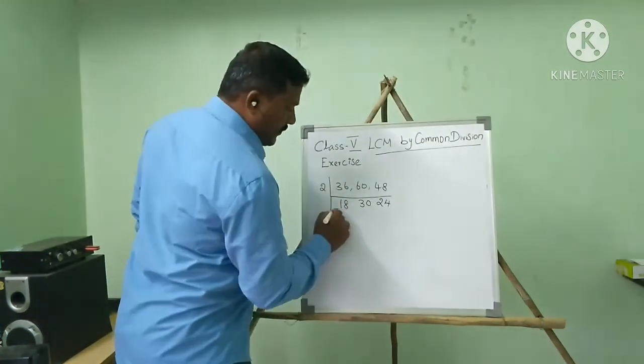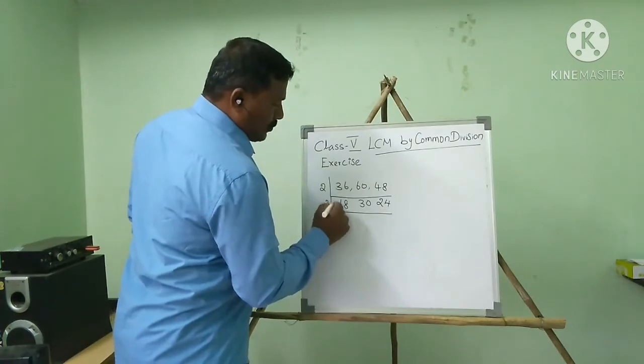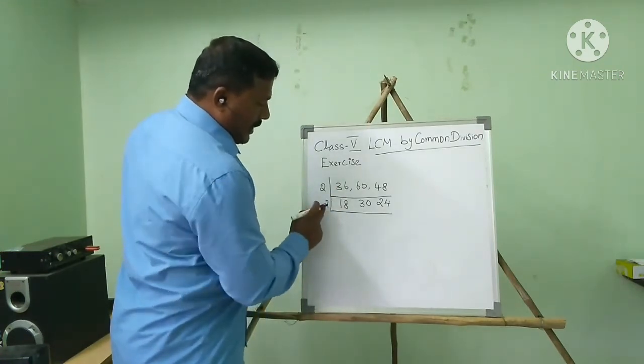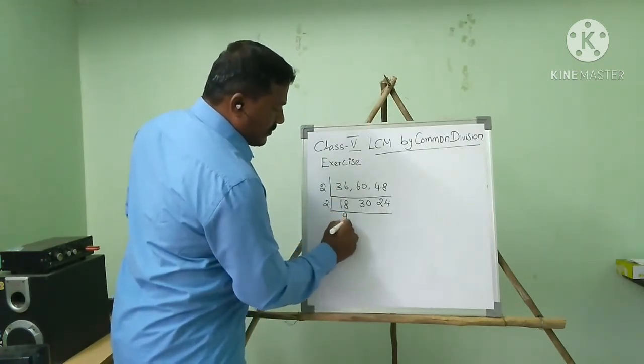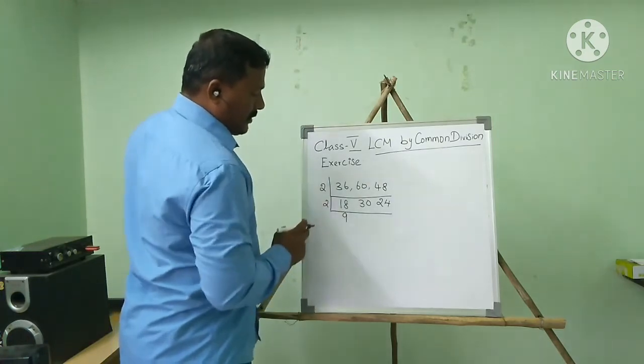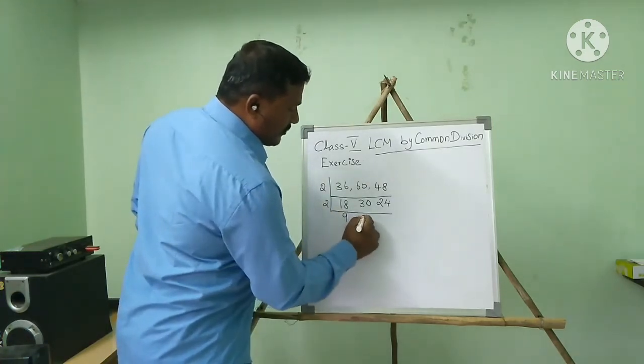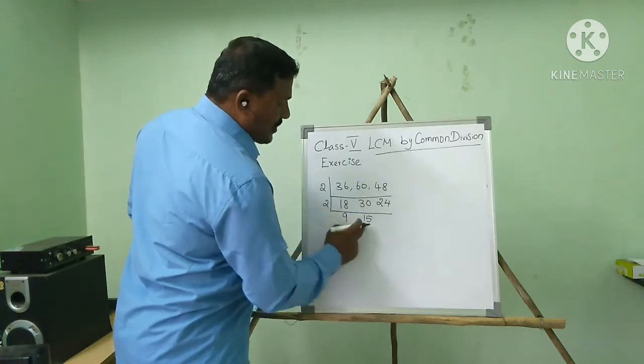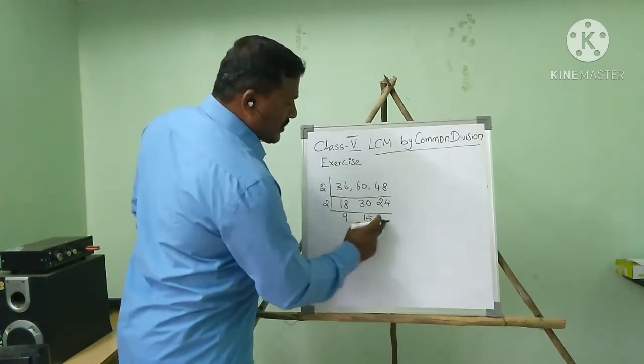Let me divide by 2 again. 9 2's are 18. 2 15's are 30. Then 2 12's are 24.